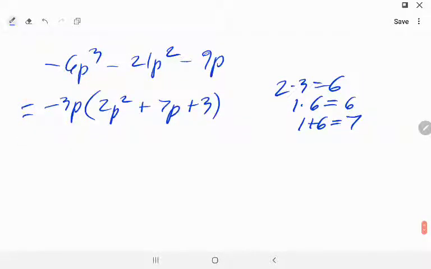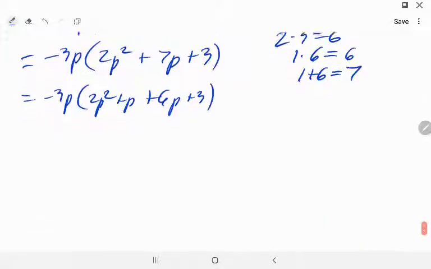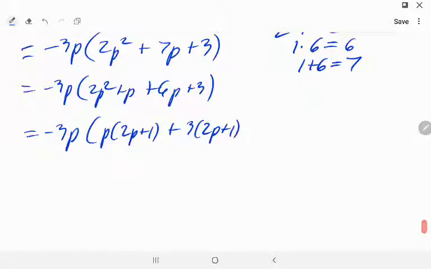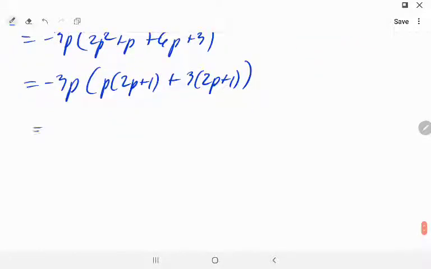And so we know that thing in parentheses we can write as negative 3p times 2p squared plus p plus 6p plus 3. And so we can write that as negative 3p times p times the quantity 2p plus 1 plus 3 times the quantity 2p plus 1. And so we get negative 3p times the quantity p plus 3 times the quantity 2p plus 1.